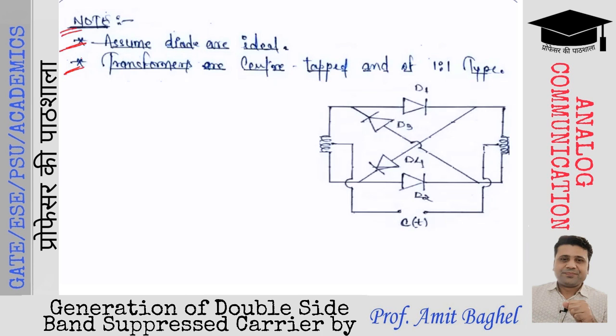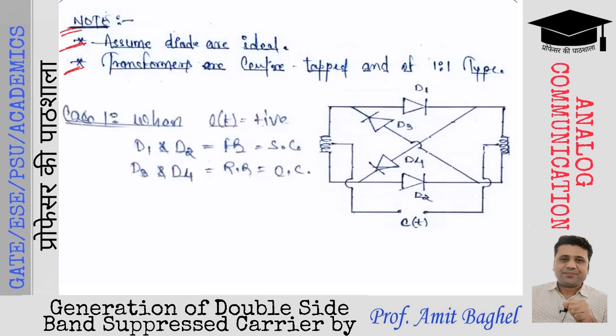Okay, I have plotted the center tap transformer here once again to understand the polarities of the different diodes for the different cases of carrier signal CT. So let us observe case one, when the CT is positive. When the CT is positive, that means this is positive polarity and this is negative polarity.